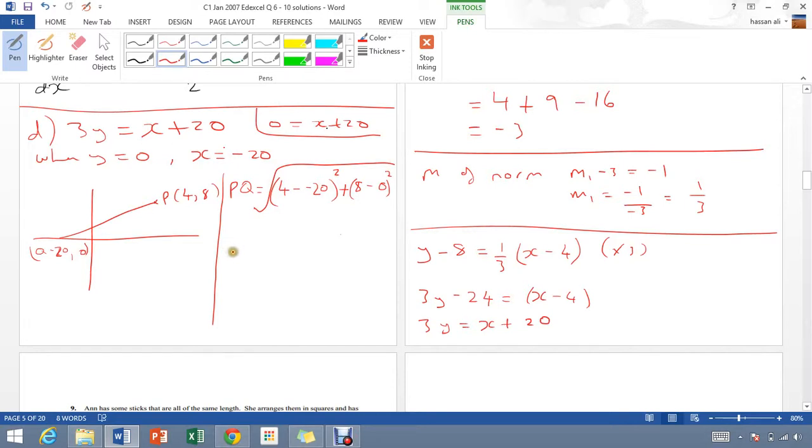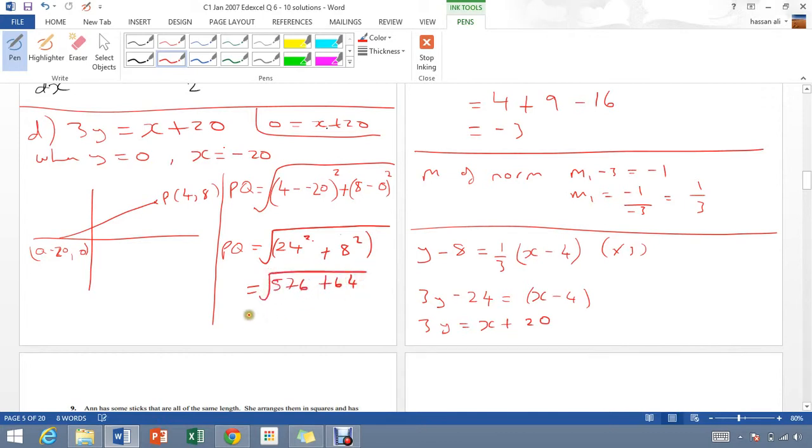Remember, they want it in surd form, and you're not allowed to use calculators in your C1 exam. So that will equal the square root of 24 squared plus 8 squared, which is 576 plus 64.